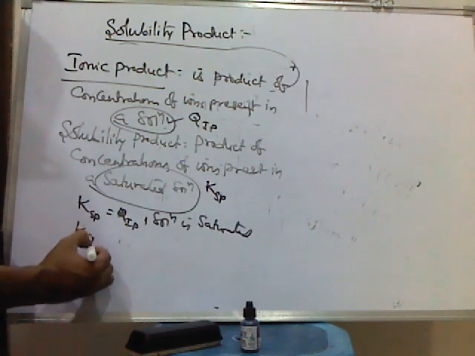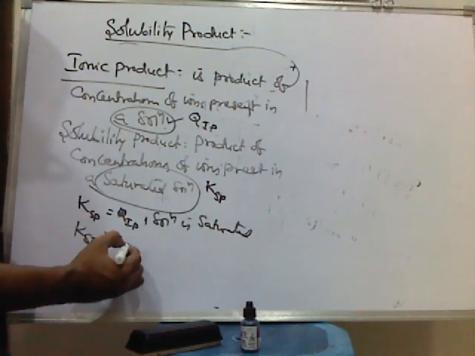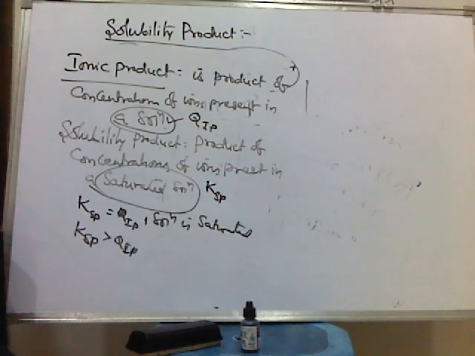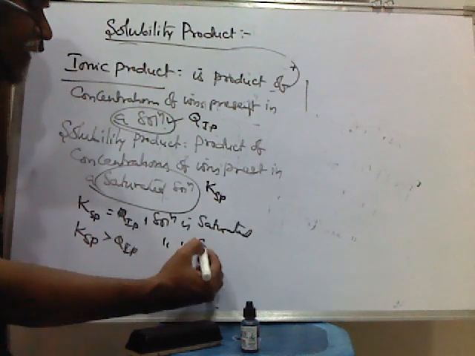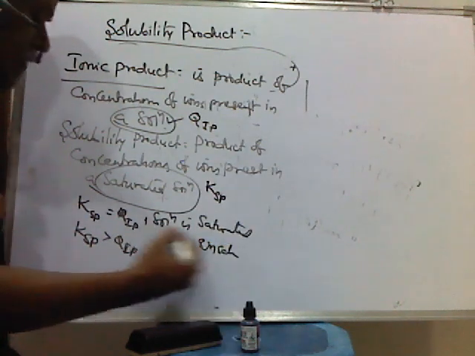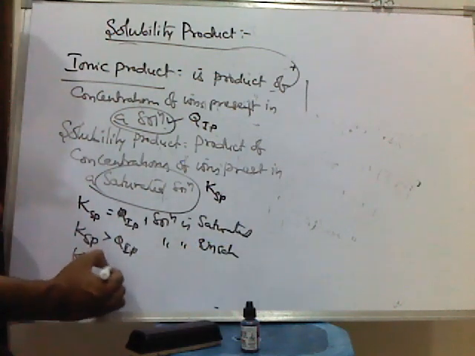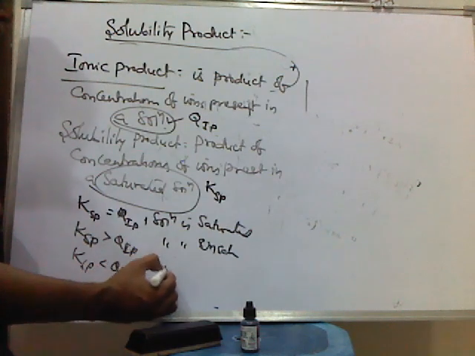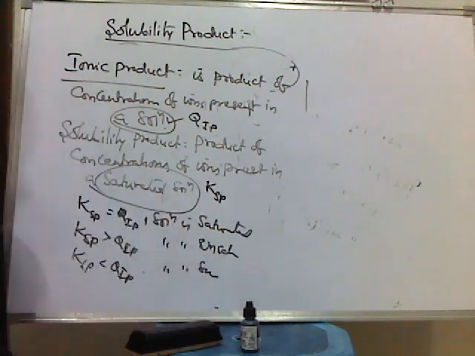If Ksp is greater than Qip, then the solution is unsaturated. If Ksp is less than Qip, the solution is supersaturated.